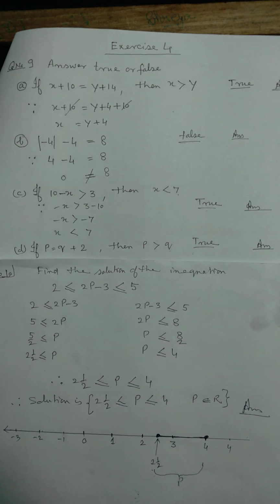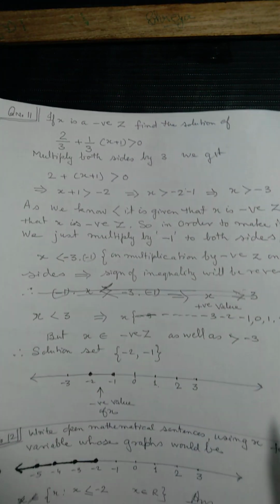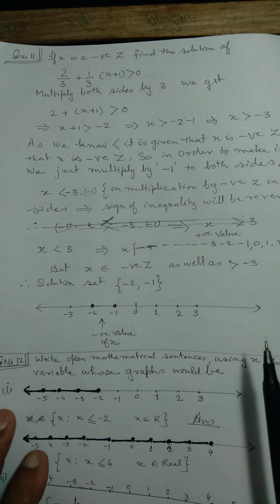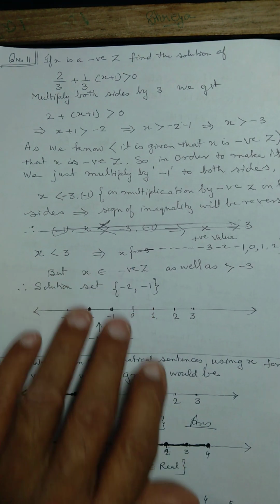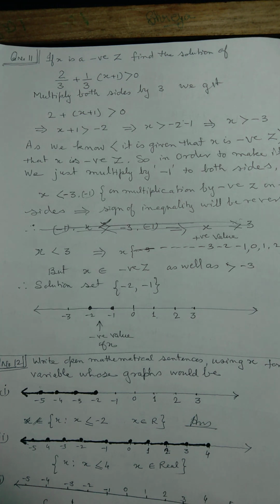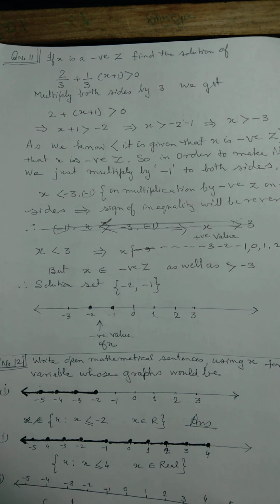Now proceed to question number 11. Now see, question number 11 is: if x is a negative integer, find the solution set of 2 by 3 plus 1 by 3 in bracket x plus 1 is greater than 0.